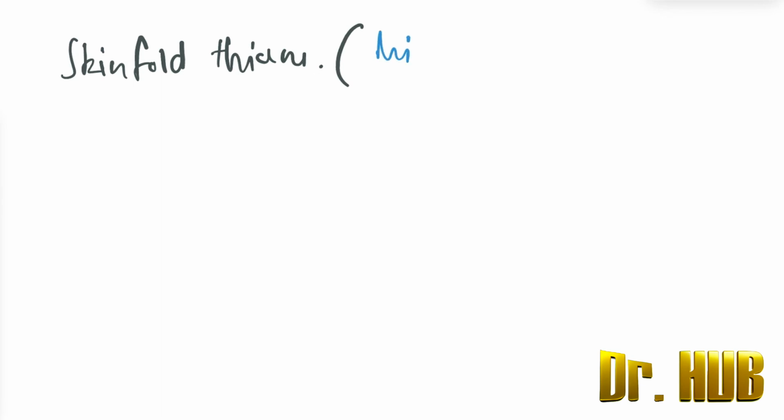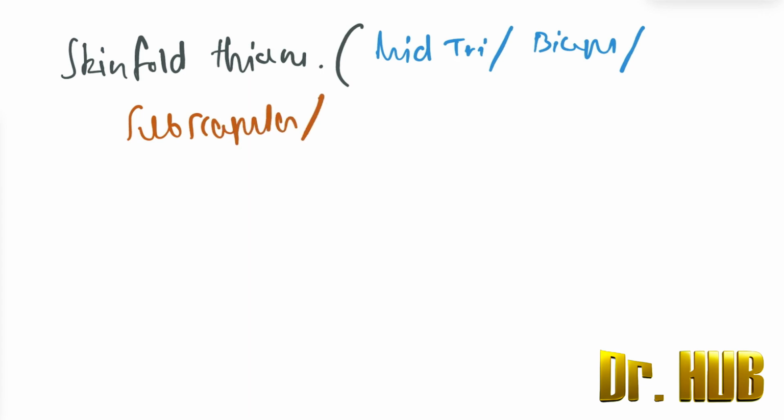Next there is skin fold thickness. This is measured at 4 sites: the mid triceps, the biceps, the subscapular, and also the suprailiac regions.